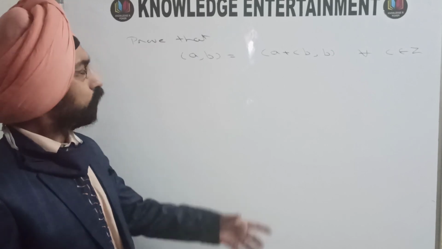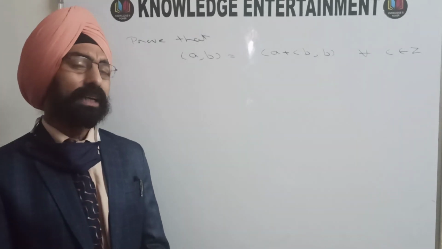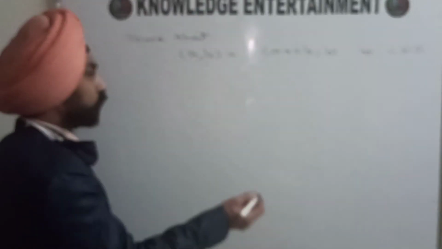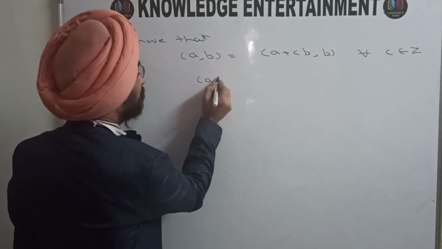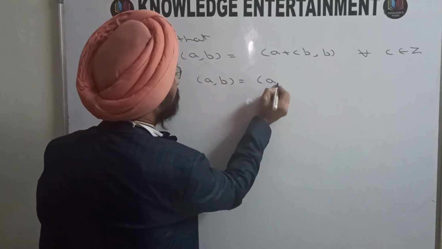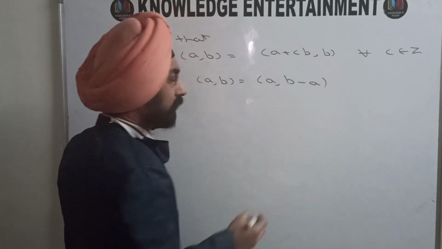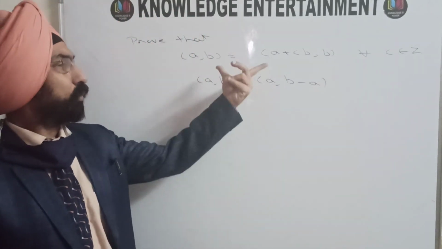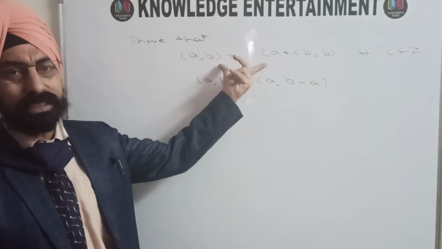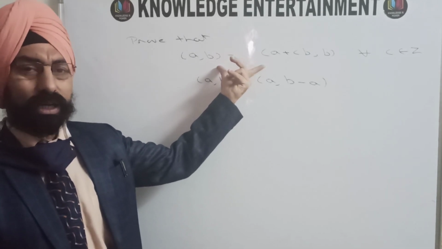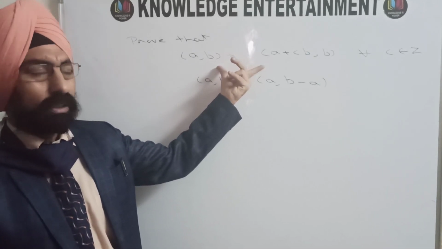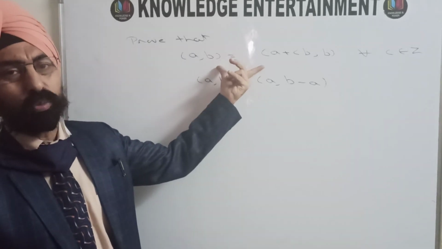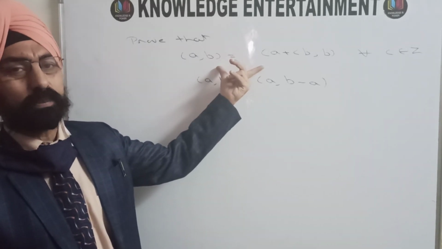Why? Because the proof is almost the same as the proof we did for the greatest common divisor of A, B and the greatest common divisor of A and B minus A being the same. So the way in which you proved that, you can prove this as well. It is an exercise for you to try, and I hope you will be able to prove this part.